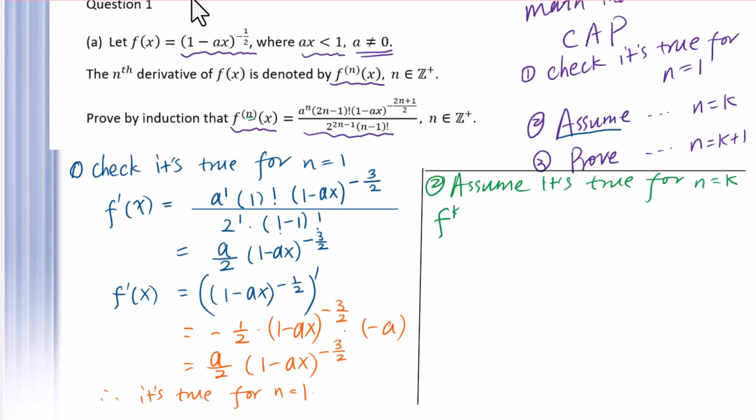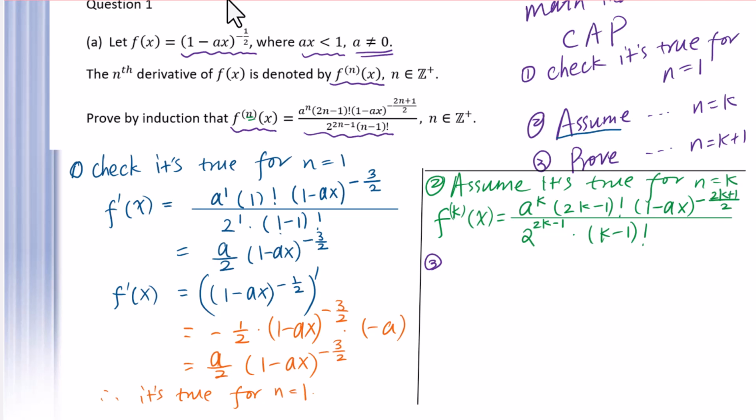The kth derivative of f of x equals, every single n we will change into k, a to the kth power times (2k minus 1) factorial times (1 minus ax) to the power of negative (2k plus 1)/2, over denominator 2 to the power of 2k minus 1 times (k minus 1) factorial.